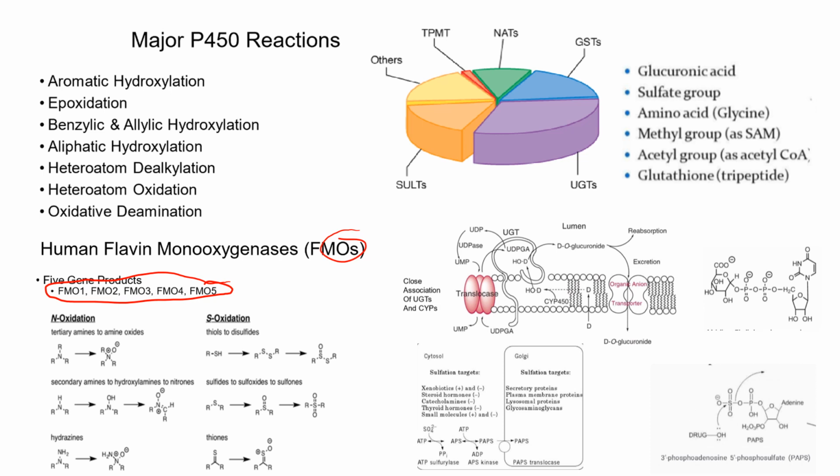Two really important things. This will be a question. I would be shocked if this was not a question. These are oxygenases, so they oxidize. Their cofactor is FAD, which we've also seen in the TCA cycle. It just pops up in various places. But the only two things that FMOs can oxidize are nitrogens and sulfurs. Only these. The way you can remember it is that CYP will usually work on things like carbons, although it can also metabolize nitrogens and sulfurs.